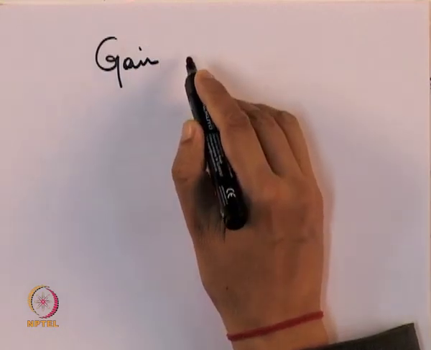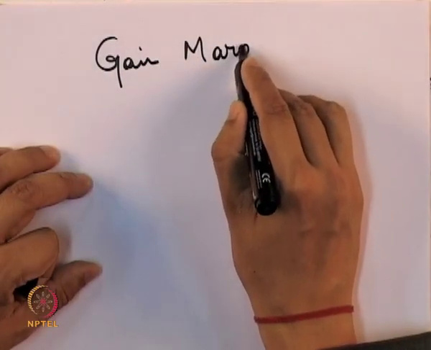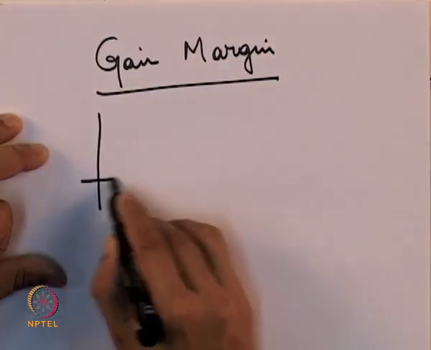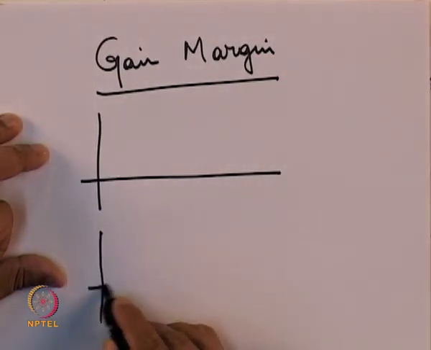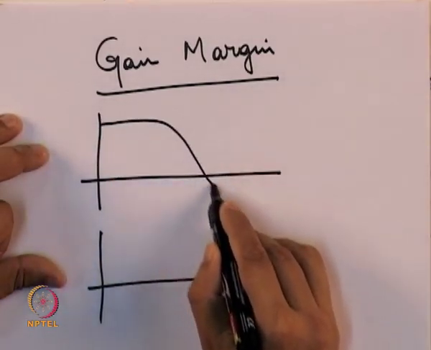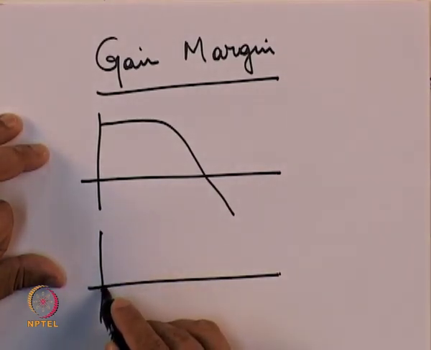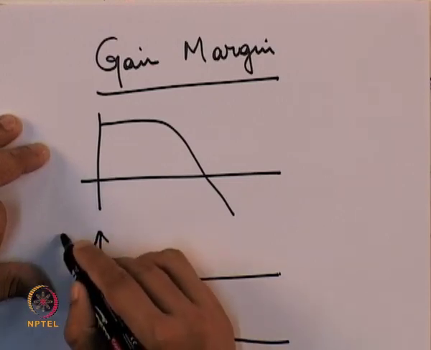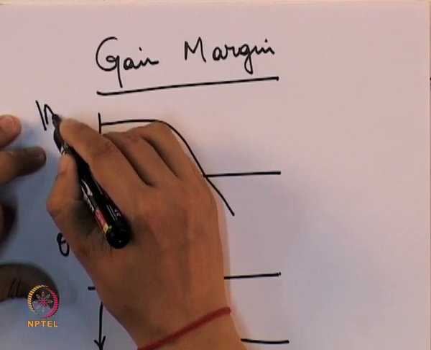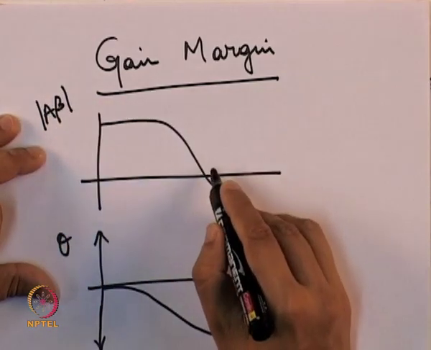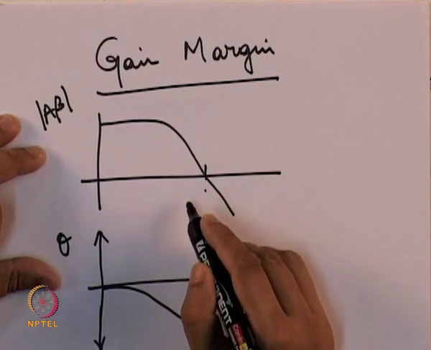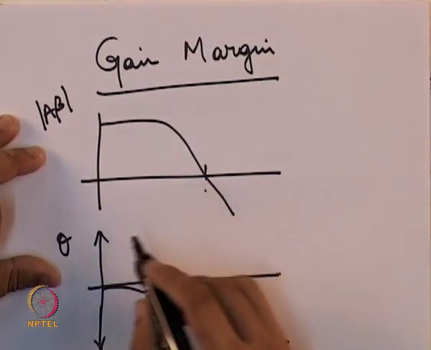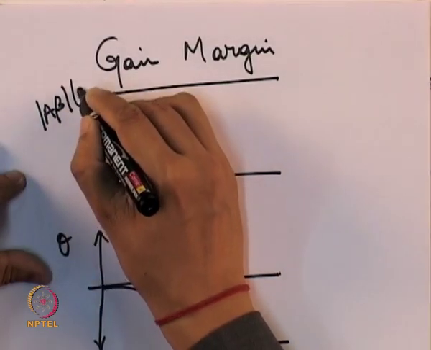Gain margin, so gain margin, I will just once again repeat this figure. So this is theta, this is mod A beta. This is the point where your magnitude of A beta becomes equal to 1. So this is on a log scale, this will be 0.